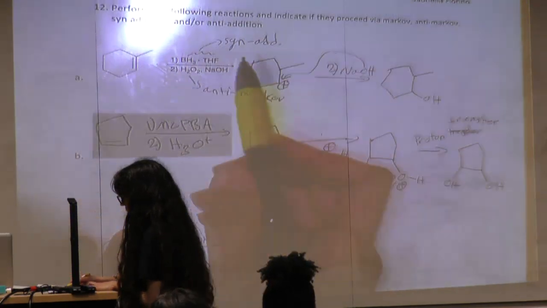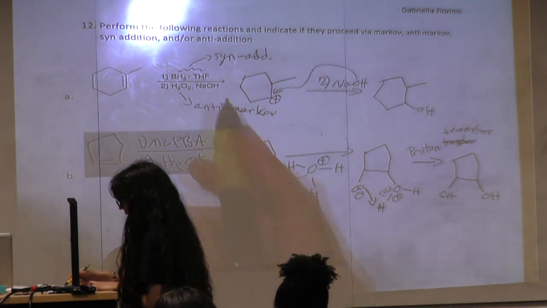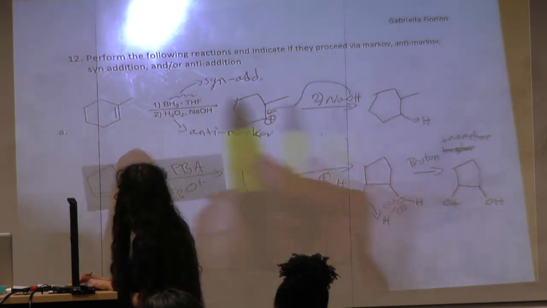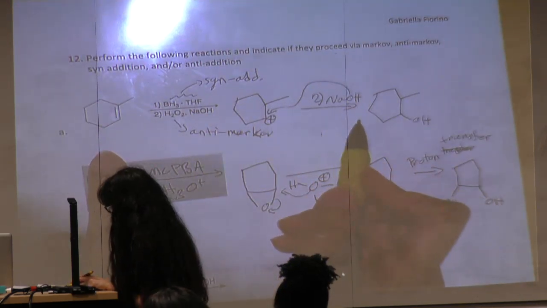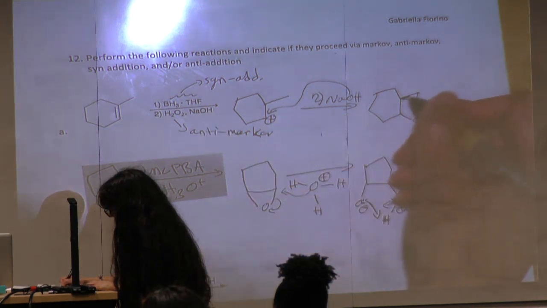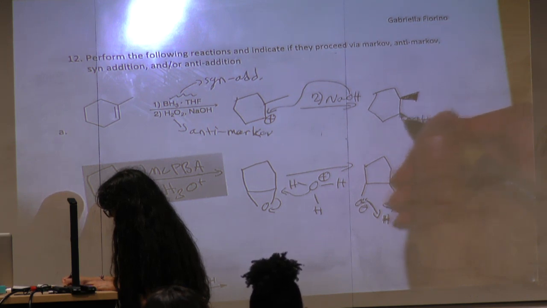Oh, also, we should be noting if it's syn or anti-addition. So I'm sorry, if we go back to this one, this is syn addition. So we would have done both on dash or both on wedge. So I'll just make them both on wedge.